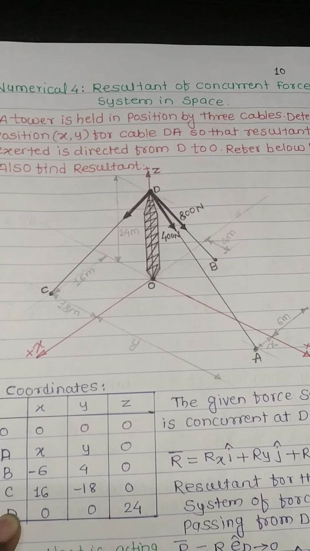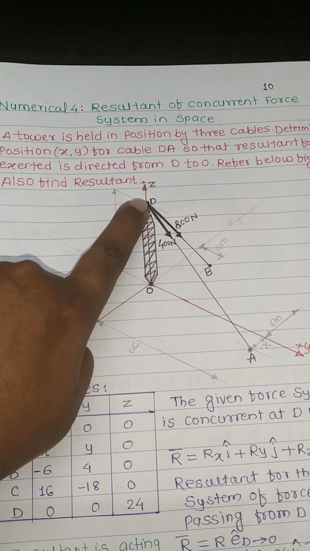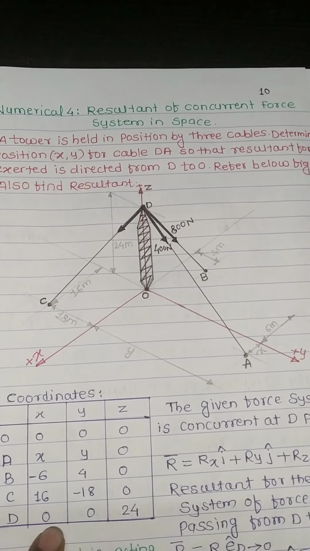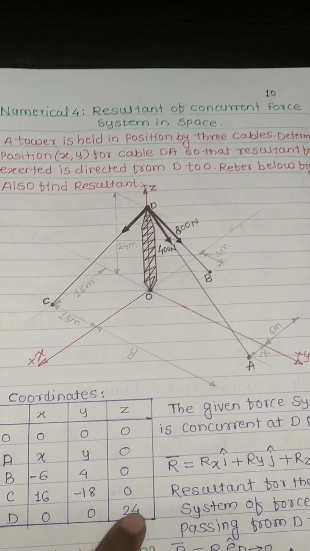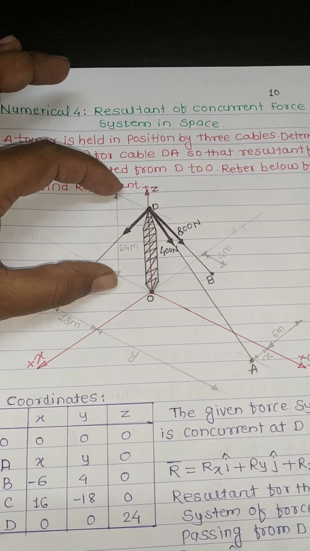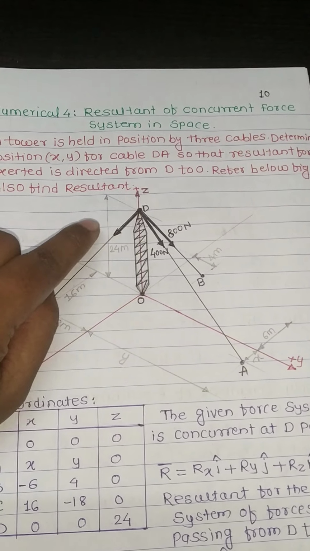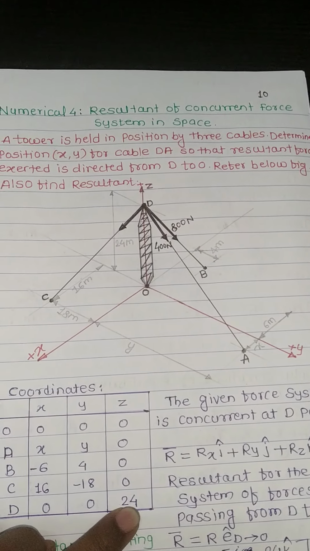Point D is defined on the axis Z. Therefore, the x coordinate is 0, the y coordinate is 0, and the z distance from the origin is 24 meter, above the origin, therefore it is positive 24.